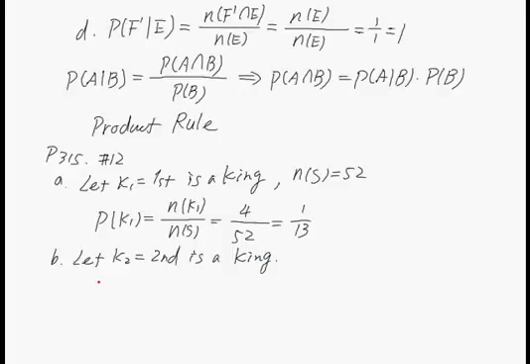So we need to find the conditional probability of the second is a king given that the first was a king, that is K1.